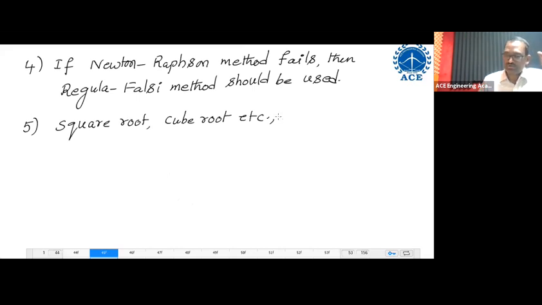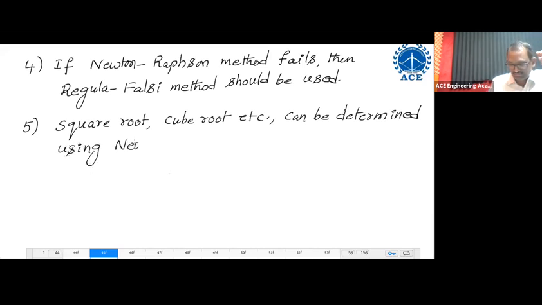Square root, cube root, etc. can be determined using Newton-Raphson method.